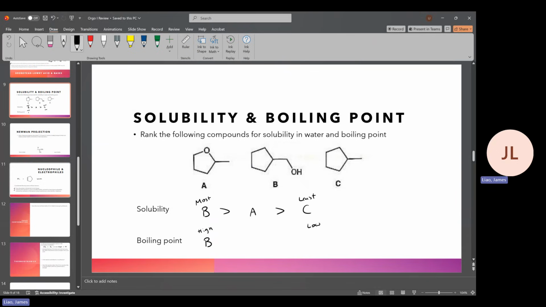So you probably will have a similar trend like this, because dipole-dipole for compound A is still going to be a lot higher and harder to boil. So it's going to be a much higher boiling point than those without the dipole-dipole interactions.